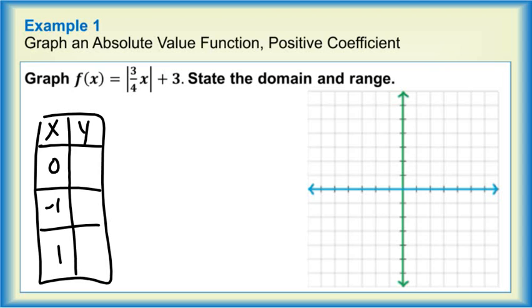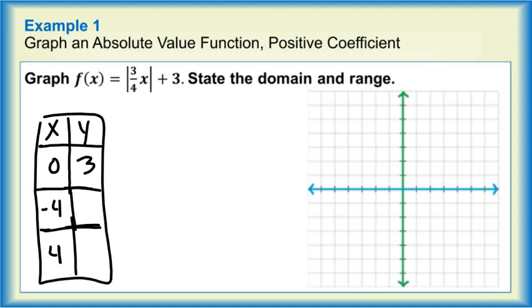If I put 0 in for x, the absolute value of 3/4 times 0 is 0. The absolute value of 0 is 0, plus 3 will give us 3. Actually, let's make this a +4 and a -4.